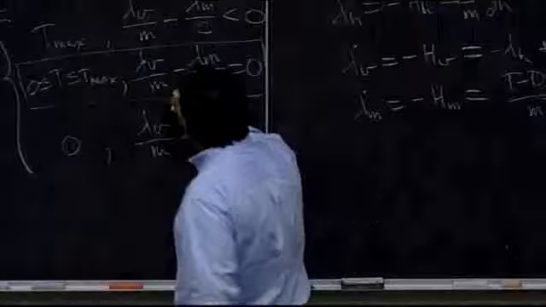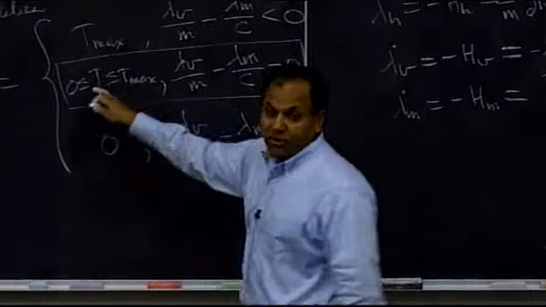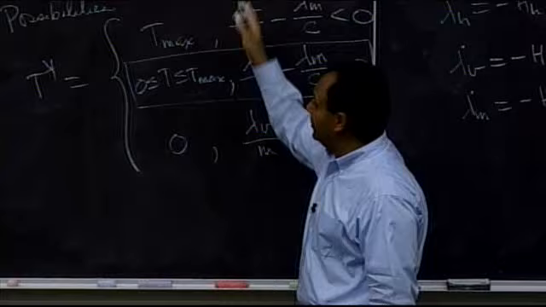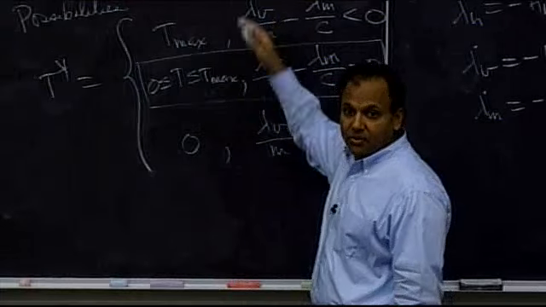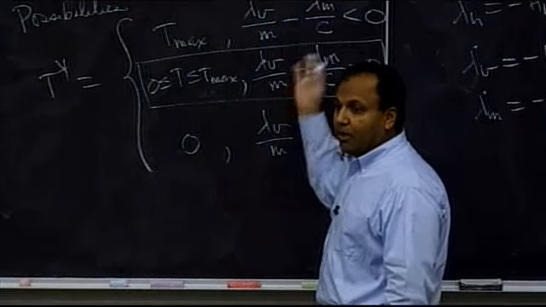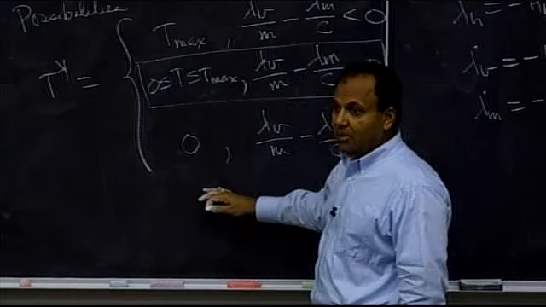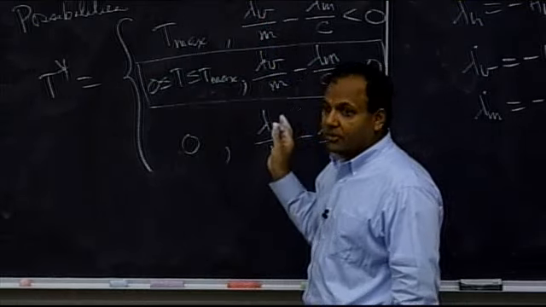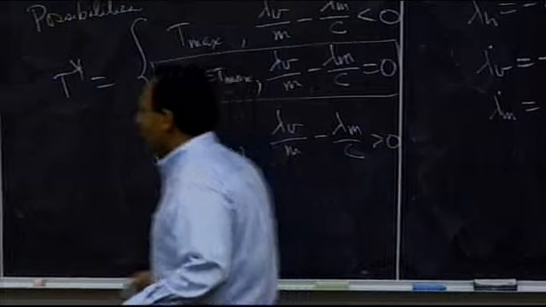Now, this is the case where I am not sure what the control is, because the other two I know what the control is. If this is true or if that's true, then I know the control is going to be max or min. But in the middle, I don't know whether the control is going to be max or min. So this is the singular arc condition.